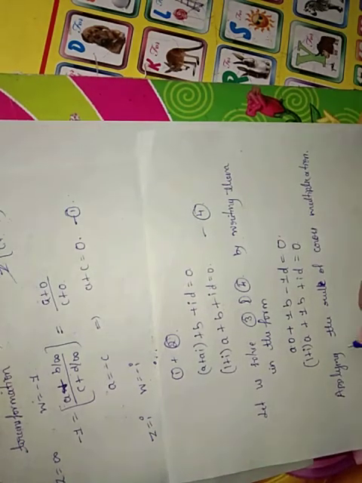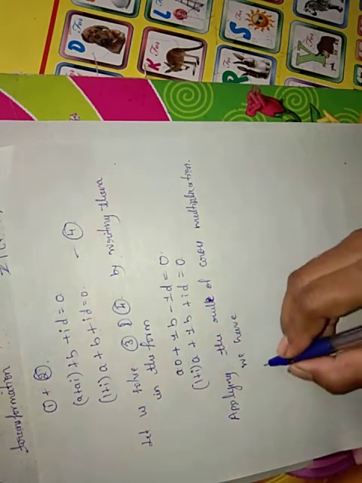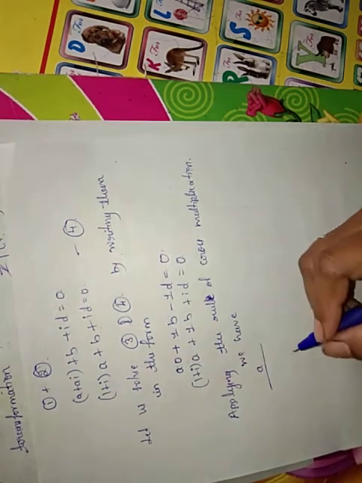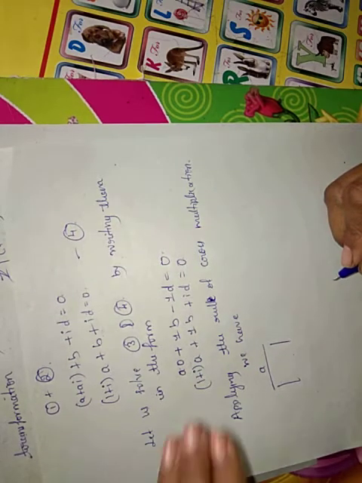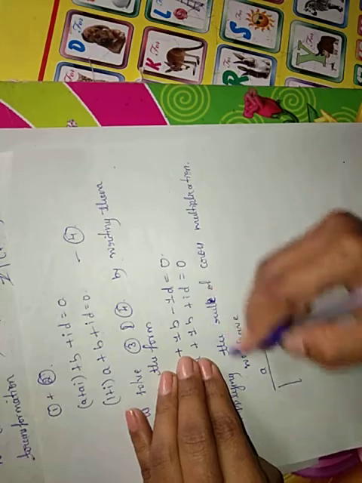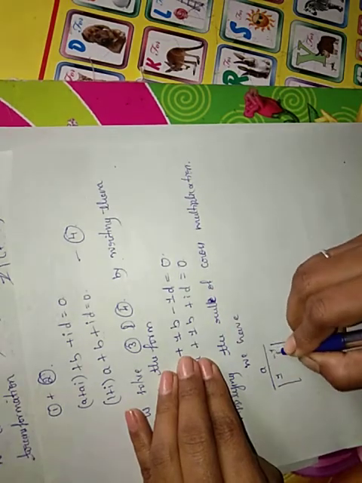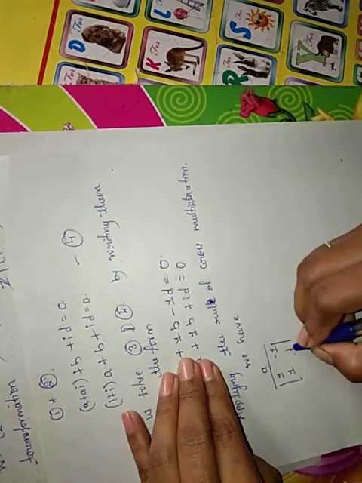Applying the rule of cross multiplication, we have A divided by the determinant of, leaving the A term, coefficient of B is 1, coefficient of D is minus 1, coefficient of B, coefficient of D.